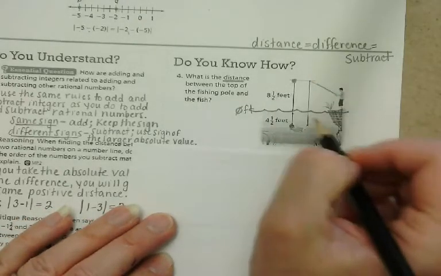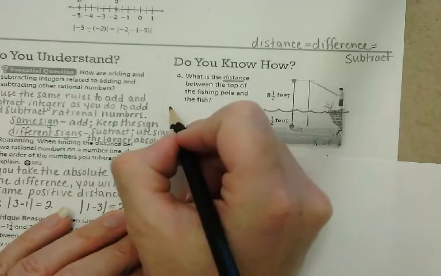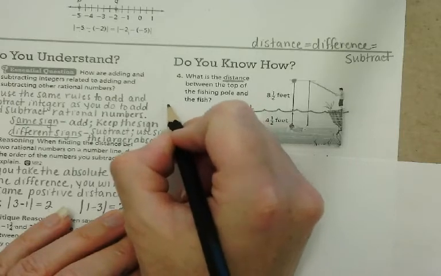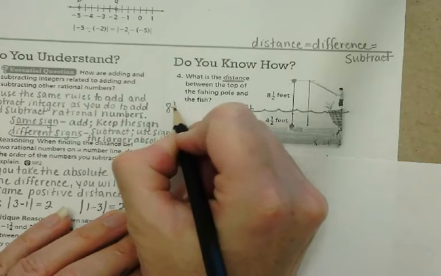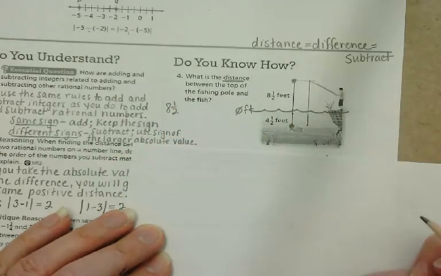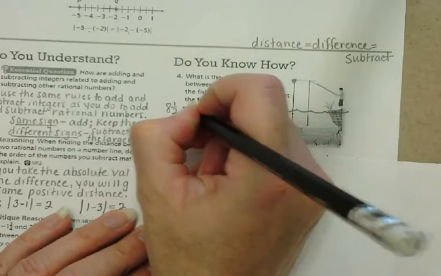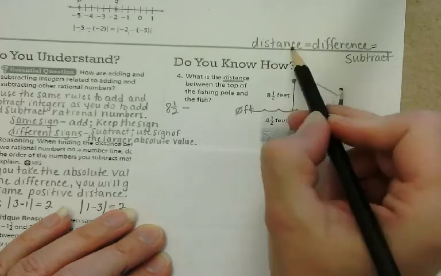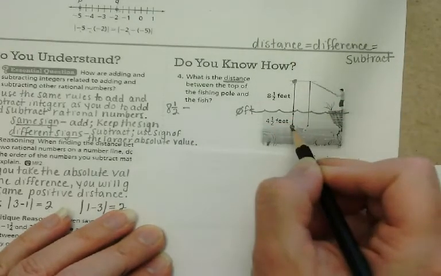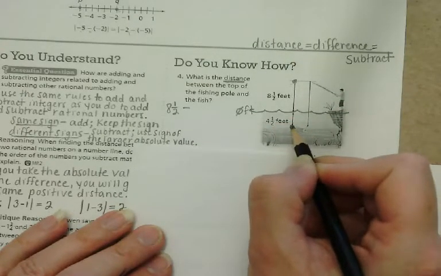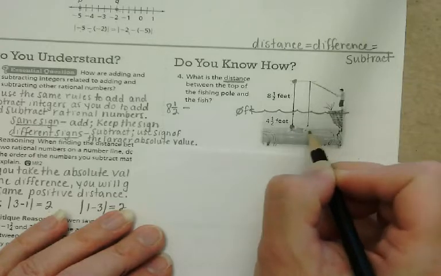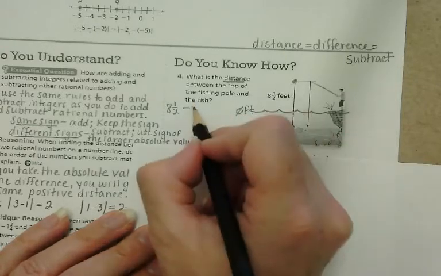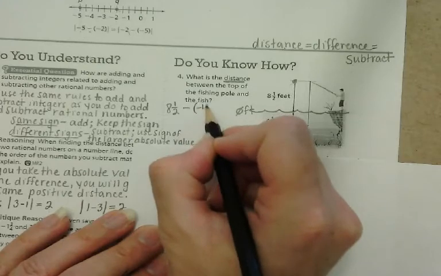So because it is a distance question, we're going to start with subtraction. So we have the 8.5, that's positive because it's above the surface. Subtract is distance. And the other point here is below sea level, so this would be a -4.5.